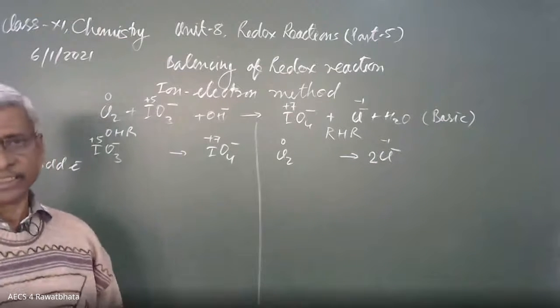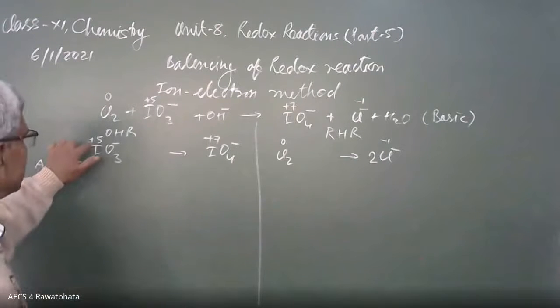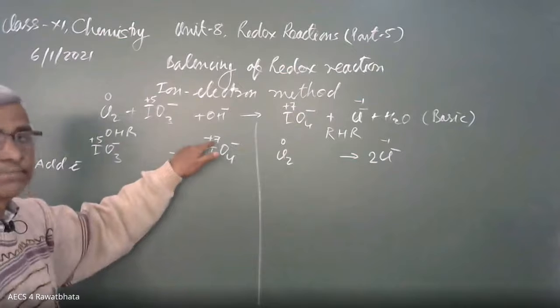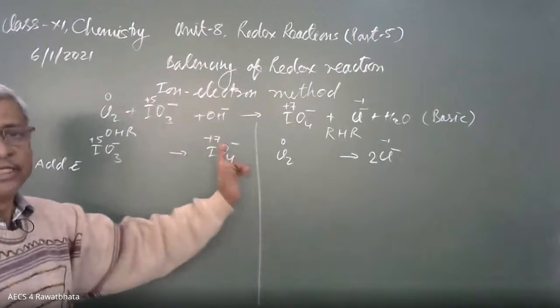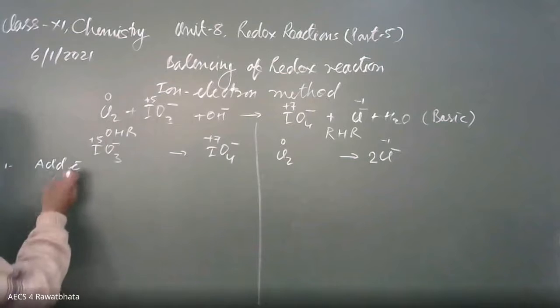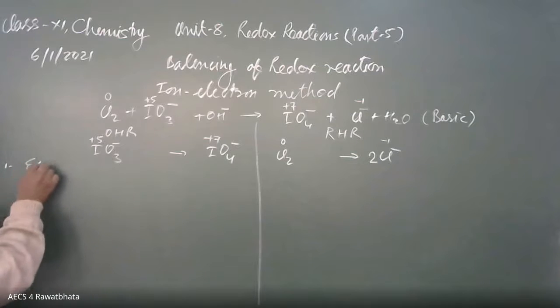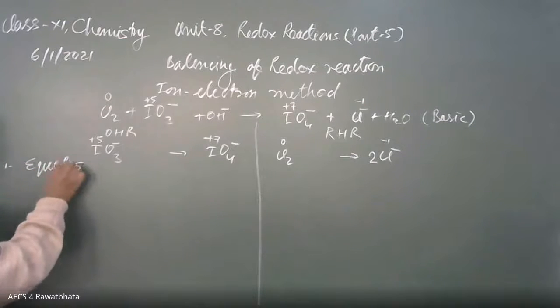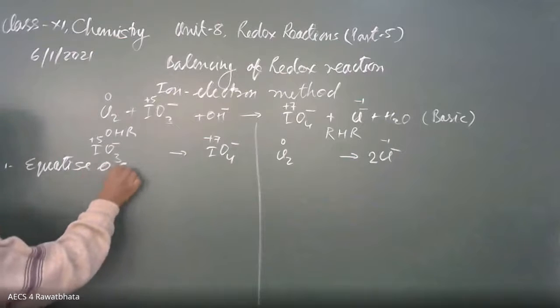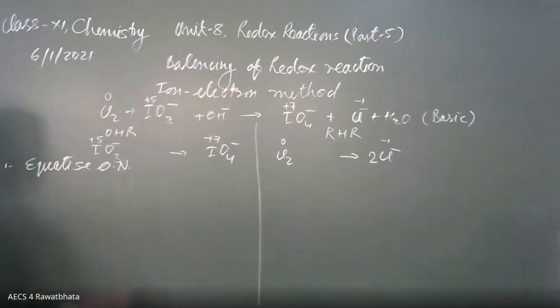This electron addition is according to the change in oxidation state. Balance oxidation state. Here oxidation state +5, here oxidation state +7. That's why it is going to lose 2 electrons. So the reaction is like this. Here add electron, at the place of that, we can also write balance oxidation state or oxidation number.